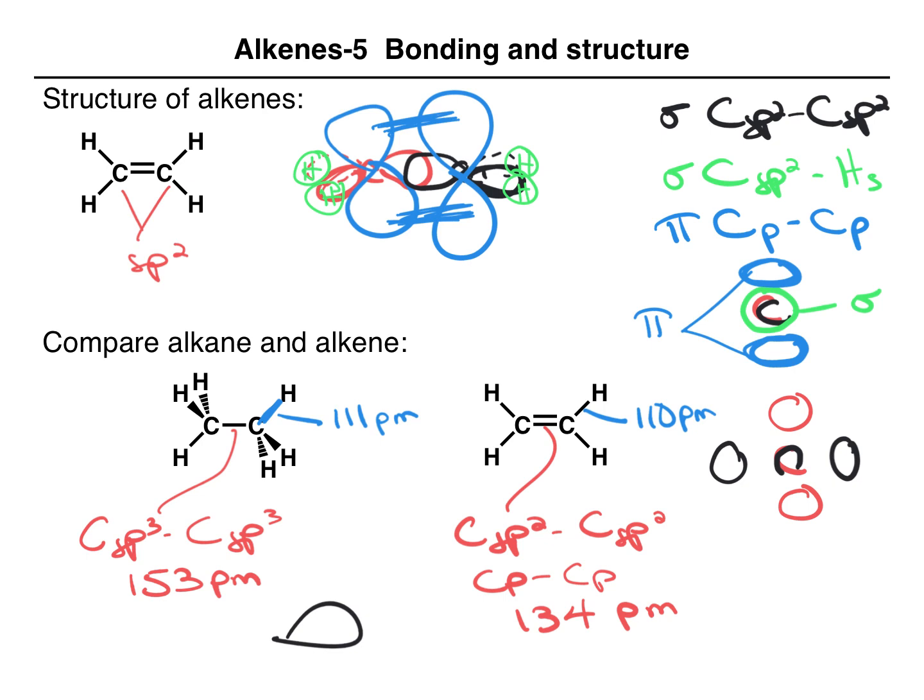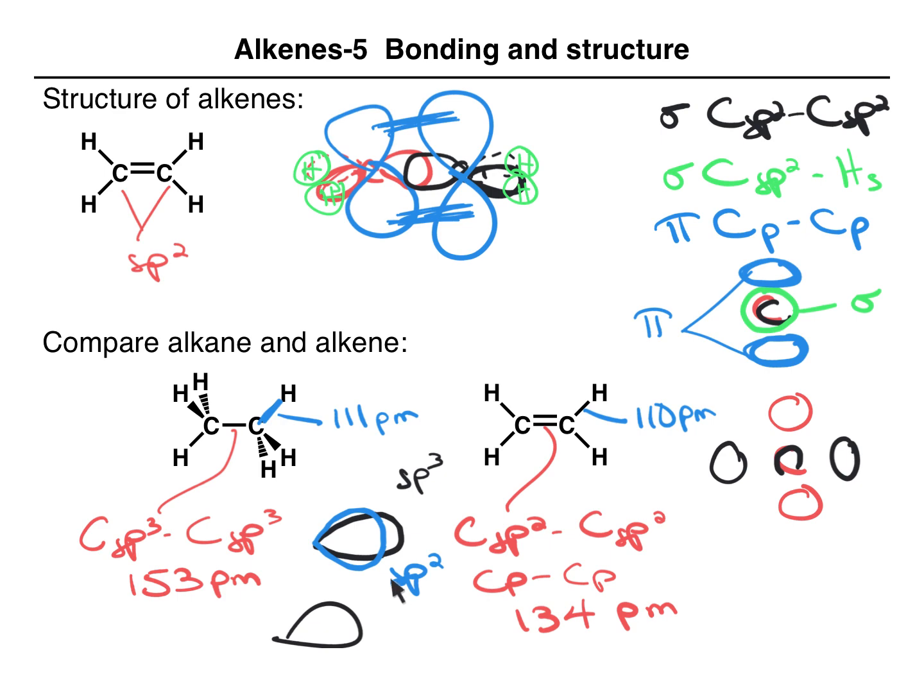If we were to be more precise in our representation, maybe this would be an sp3 orbital, and this would be an sp2 orbital. Here we've got 75% p, 25% s character, and so the sp3 orbital is going to be further away from the nucleus.